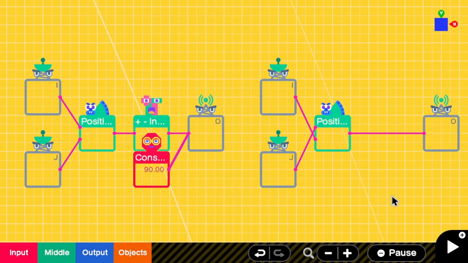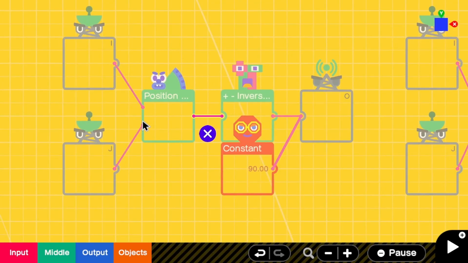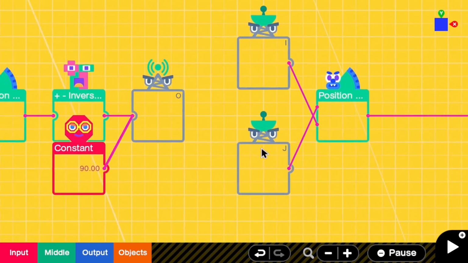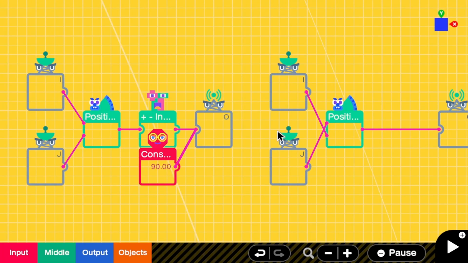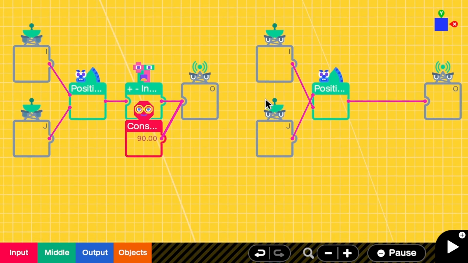Now, one last trick that we can do with the position to angle nodon is flipping the inputs. So if we have this original settings and this original output, if we flip these inputs like this, that's essentially the same as inverting our original output and then adding a 90 here. So if you want to do this, you could just flip the inputs instead. Another way that you can look at this is by doing this instead.